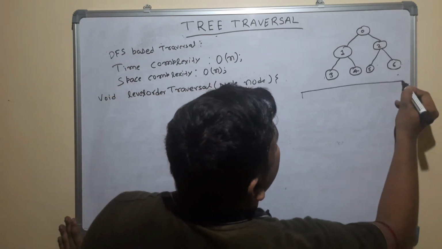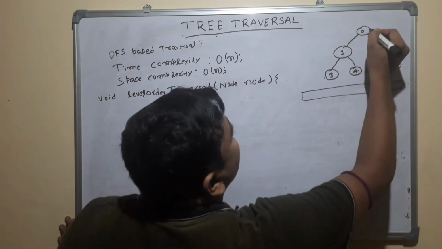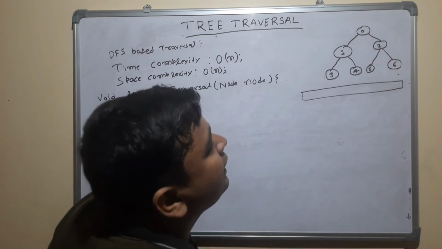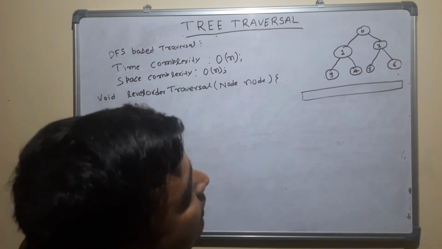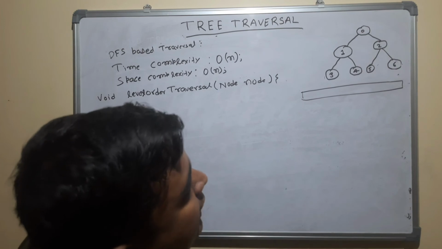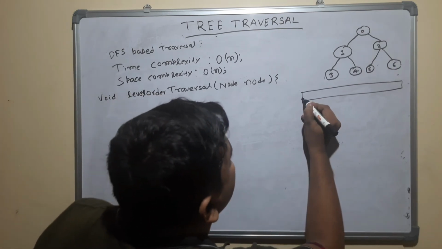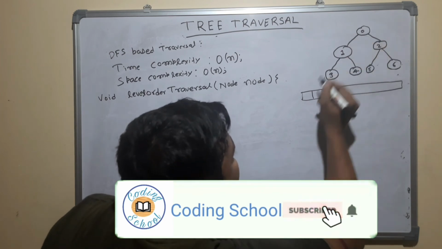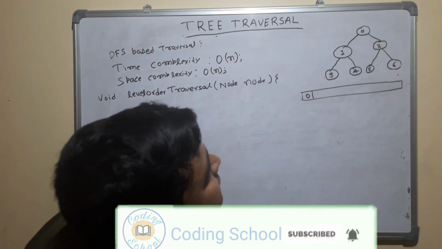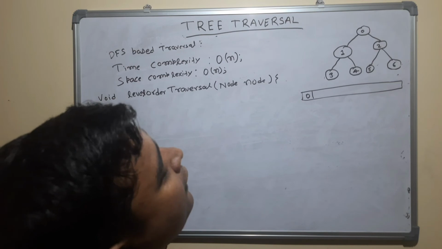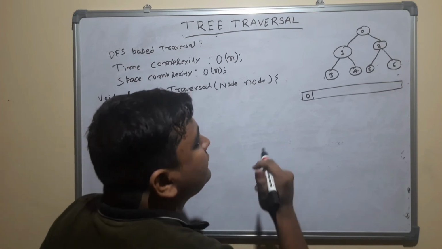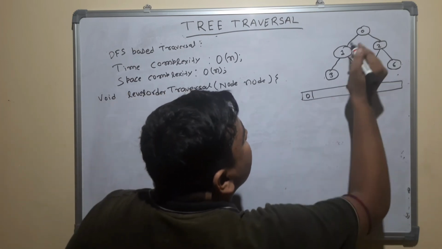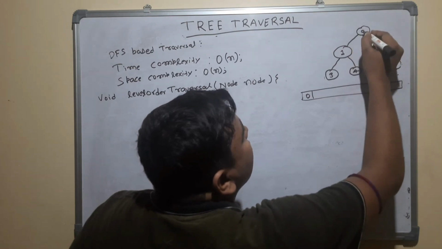So how will I do level order? Every level, first we will print level 0, then we will print level 1, and then we will print level 2, right? So first I will store this root data in the queue.